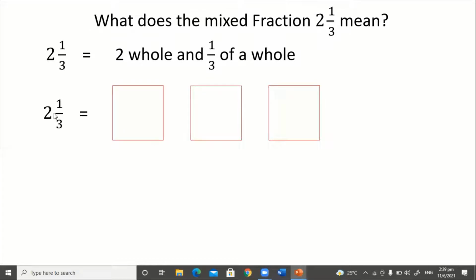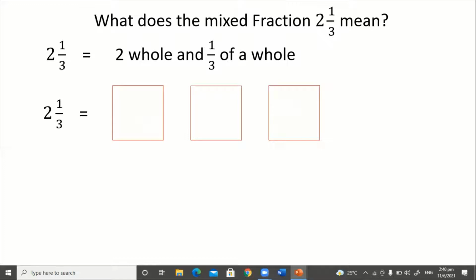So if 2 and 1/3 means 2 wholes and 1/3 of another whole, let's say that these square boxes are cakes. One of these cakes represents one whole, and the second one would represent one whole as well, and the third one would represent one whole as well. So we have 3 wholes here.